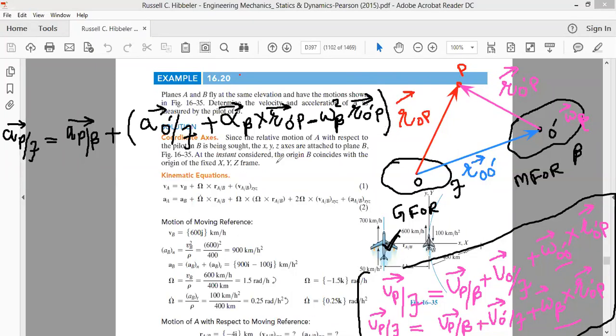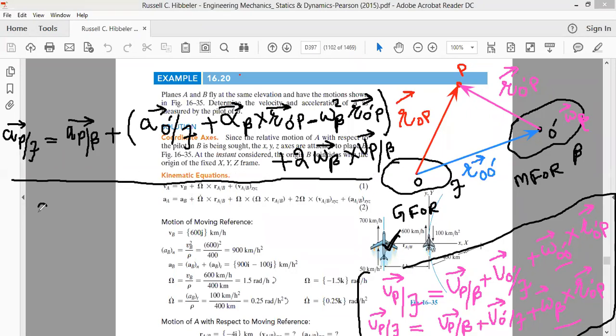Plus 2 times the angular velocity of beta vector, cross product with the velocity of P with respect to beta. This expression is the expression for calculating the acceleration.